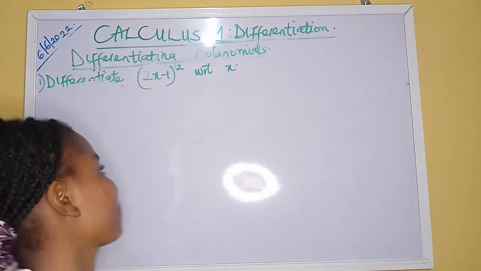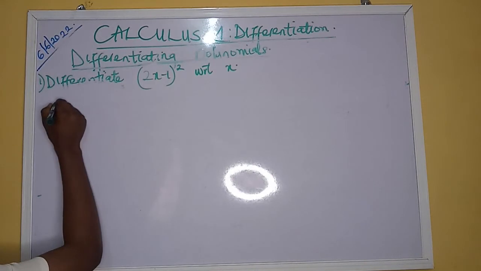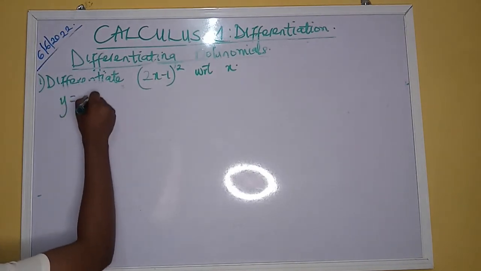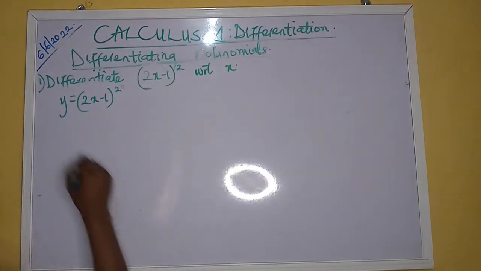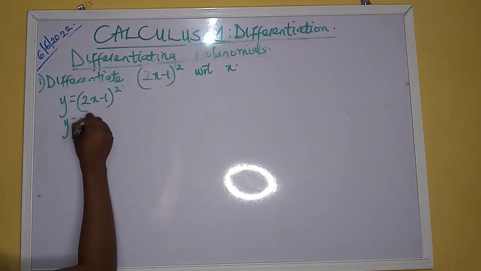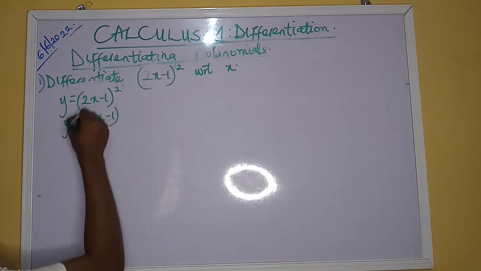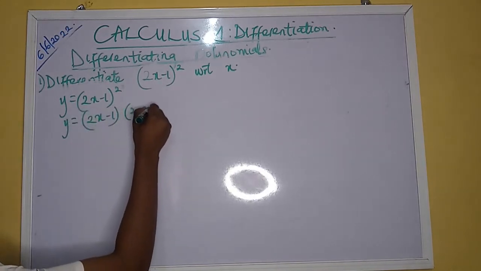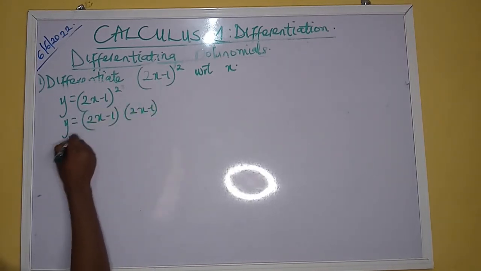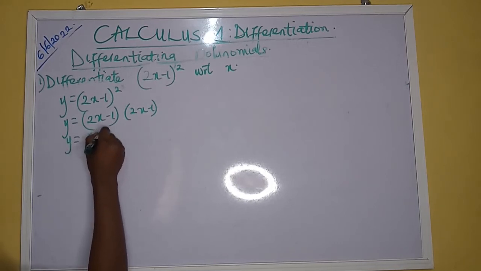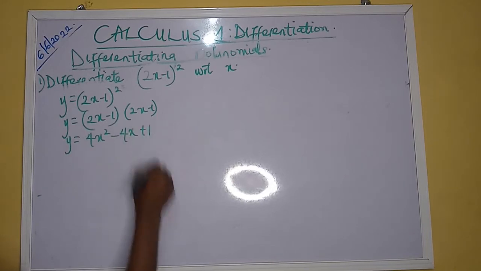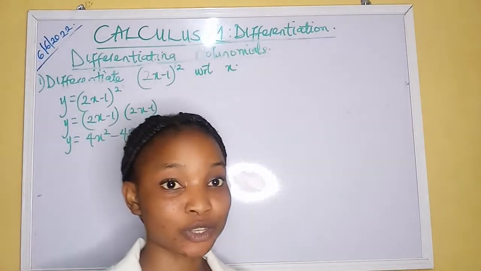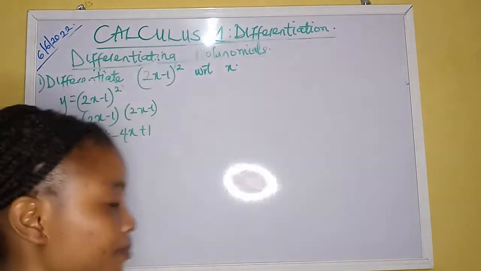So the next thing to do is just to open the bracket. When you open the bracket, you have 2x minus 1 times 2x minus 1. So your y becomes 4x squared minus 4x plus 1. I just need to go straight to the answer.